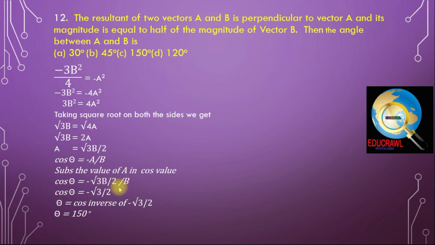So b gets cancelled. So cos theta is equal to minus root 3 by 2. So when cos theta is equal to this value, theta will be cos inverse of minus root 3 by 2, and the cos inverse value of minus root 3 by 2 is 150 degrees. So the angle between the a vector and the b vector is 150 degrees.